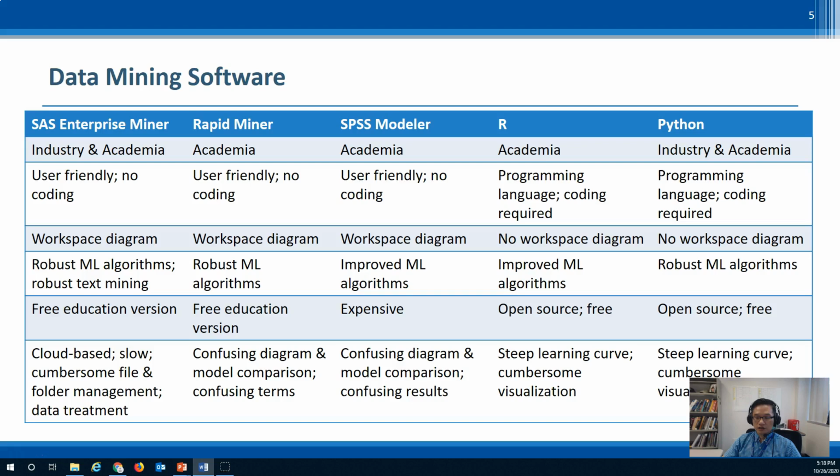Note that the cloud-based SAS Enterprise Miner has full features of the commercial version for enterprise prices, including high-performance node and text miner. Finally, please note that data mining software is not created for easy data treatment and modification. Software apps like RapidMiner and SAS Enterprise Miner do not even allow us to make changes to the data.